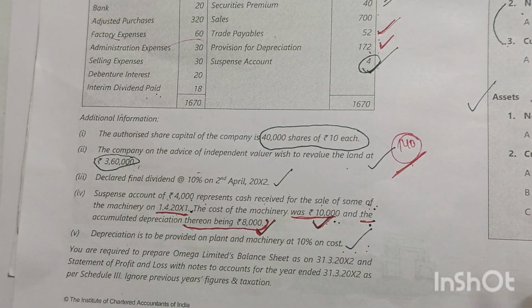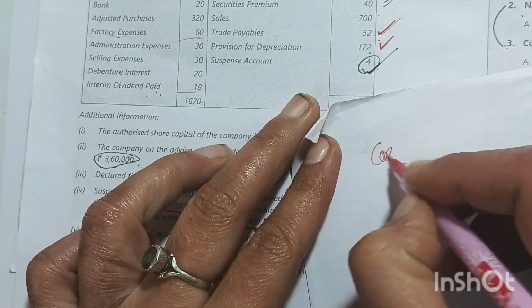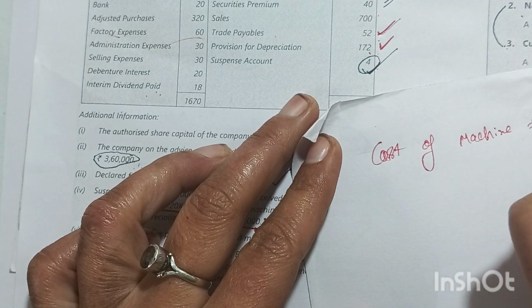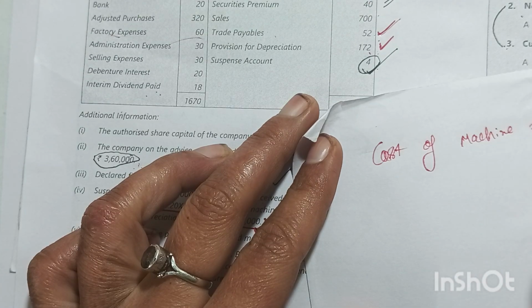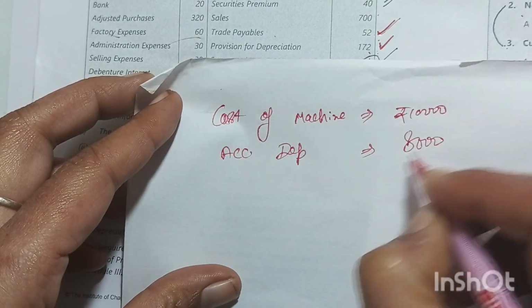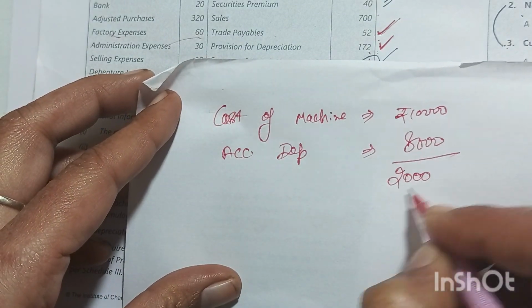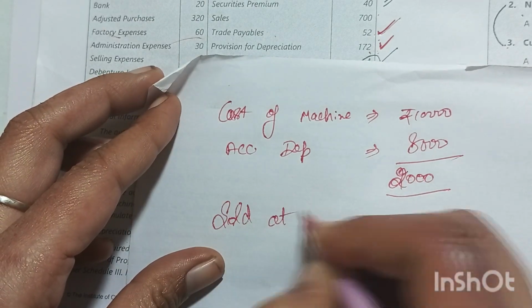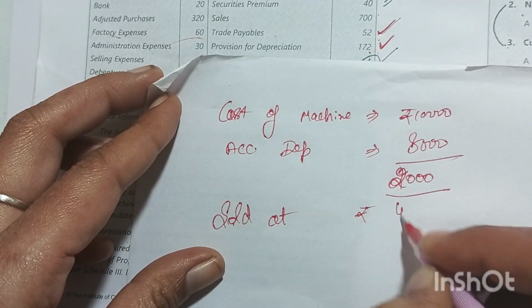We will calculate here. The cost of machinery is rupees 10,000, and accumulated depreciation is 8,000. So we remain with 2,000, but we sold at rupees 4,000.